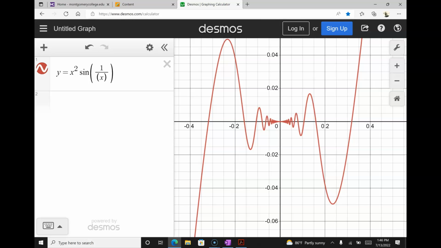So what we're going to do is look at a particular squeezer. What do you think squeezes this thing?